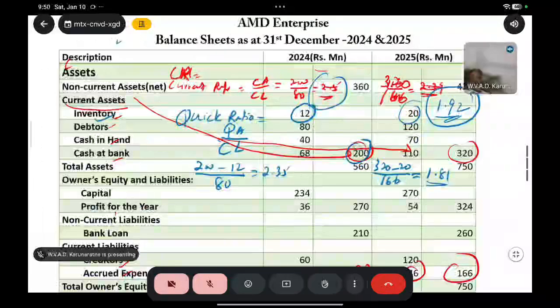If you go back to the previous example, in capital, we can see owner's capital and liabilities.